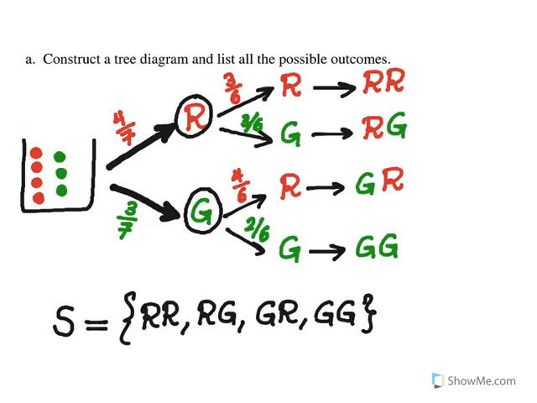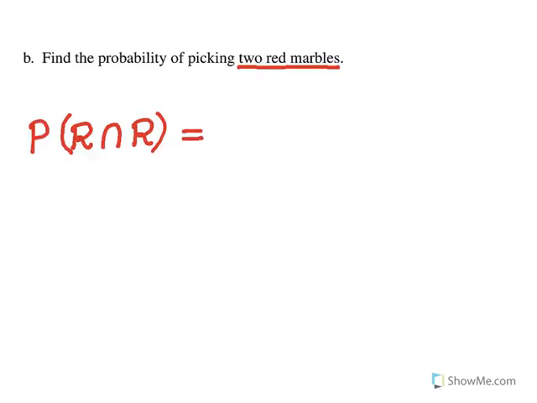Now we want to find the probability of getting 2 red marbles. This means that the first choice is red and the second choice is also red. So we want the probability of red and red. So you can actually go back to the tree diagram and see, first you know that for the AND probability you multiply the two probabilities.